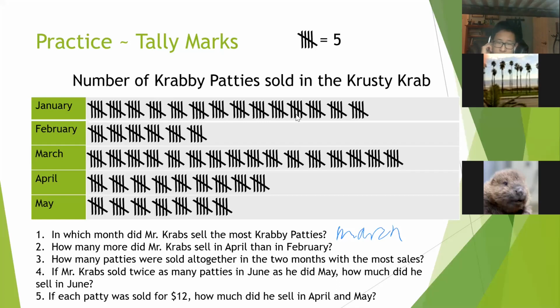Alright, I think it's time to go over number 2. This one's slightly harder than number 1. How many more did Mr. Krabs sell in April than in February? In April, you can see there are 9 tally marks. You just count, there's 9 of them. And in February, there's 6 tally marks. But each tally mark is 5. So that means you do 9 minus 6, which is 3, and you have to multiply that by 5, which makes it 15.